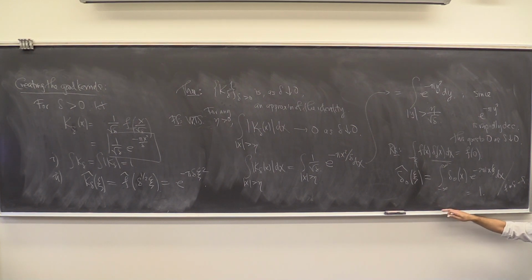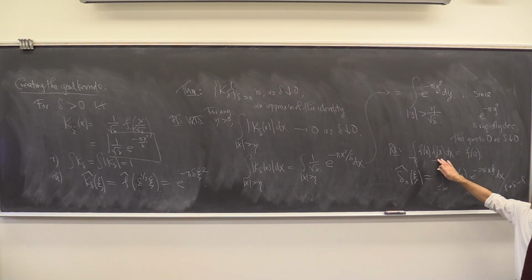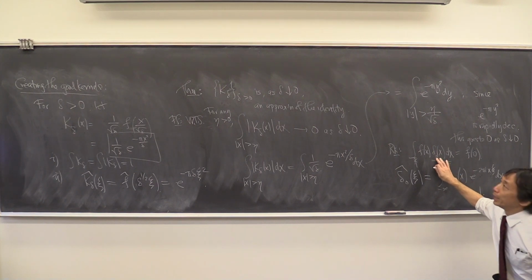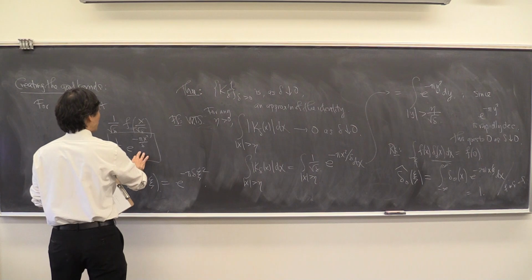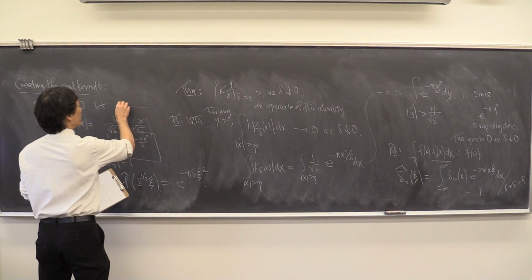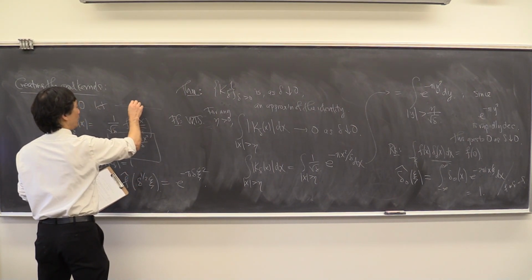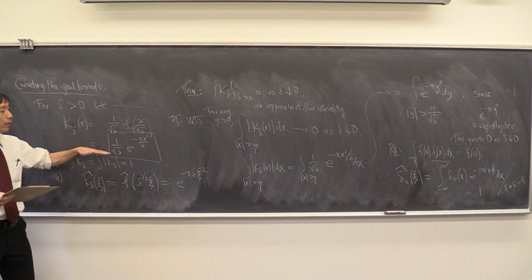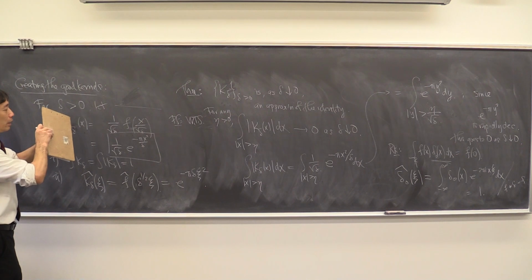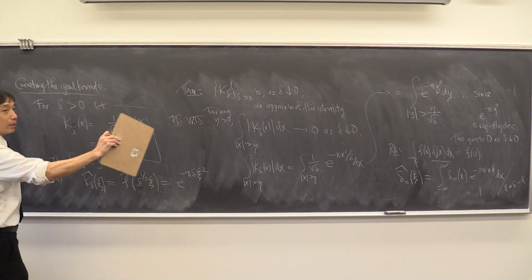Okay, but it doesn't exist. This thing isn't a function. But now think of the approximation of the identity. As delta goes to 0, the Gaussian gets spread out like this.